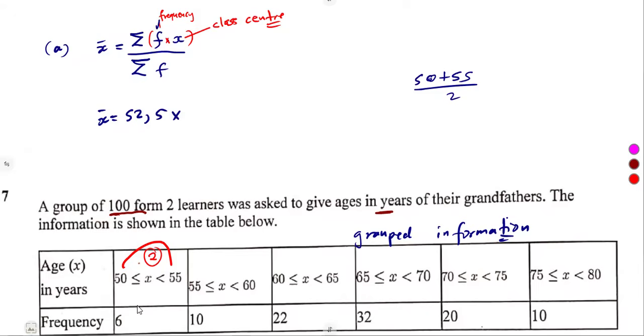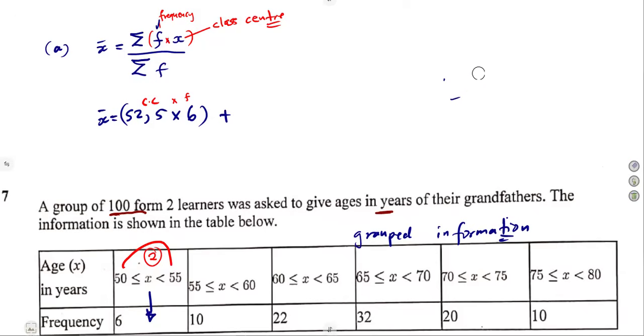So this is 52,5 times, remember we need the frequency. The corresponding frequency in this class is 6. We already have the frequency there. So that is the condition: class center times the frequency. We are going to do that because this is summation, sum of. We must add to the next class.